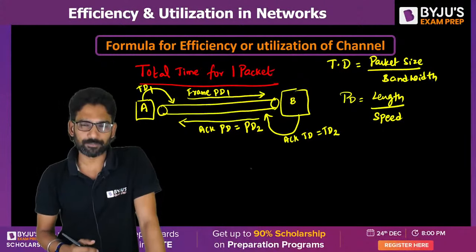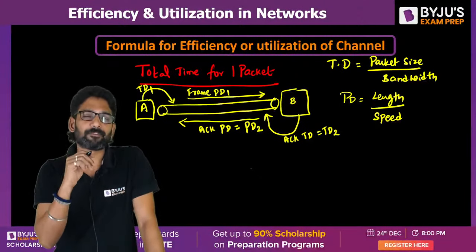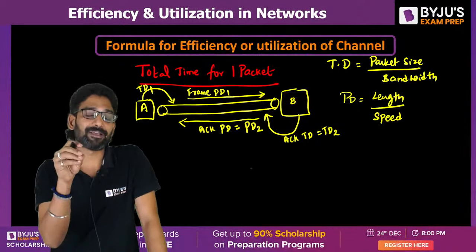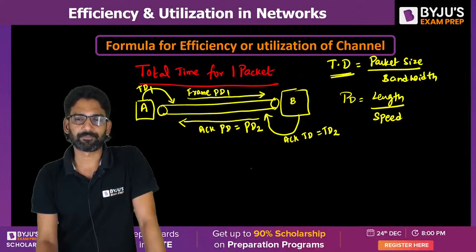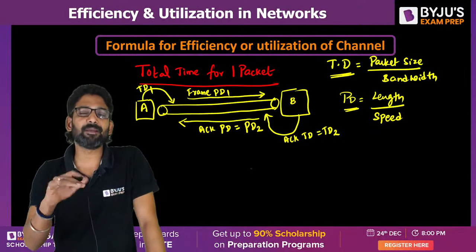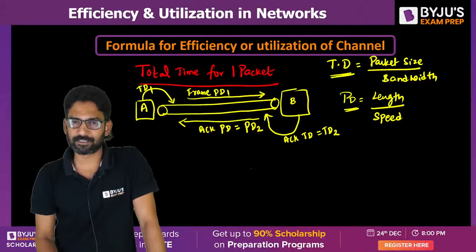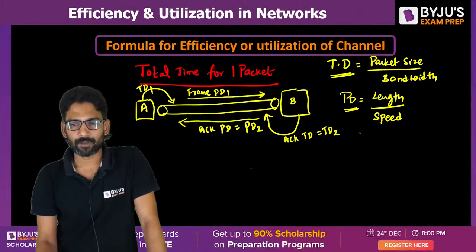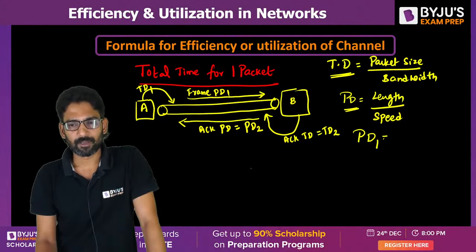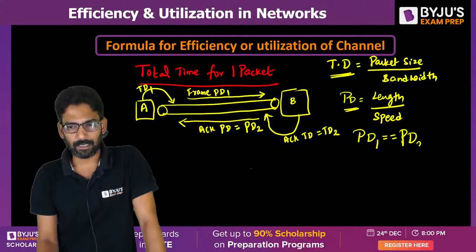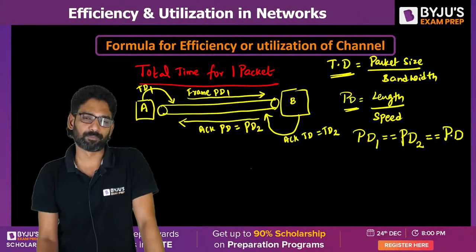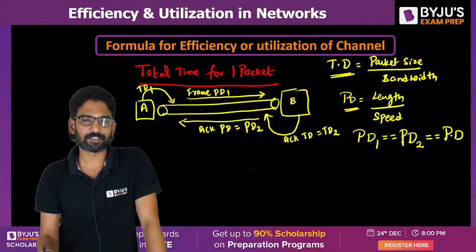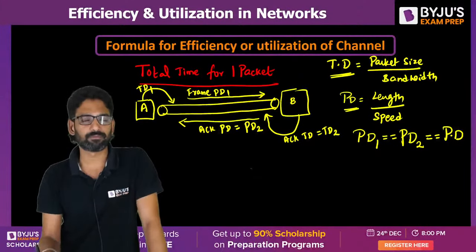In these two, if you observe, which time is varying, affecting based on the packet size? Transmission delay varies. Propagation delay is independent of packet size, isn't it? So propagation delay of the frame, propagation delay of the acknowledgement will be same. So let me take it as one propagation delay. Okay, just PD. PD1, PD2, both I am taking as PD.